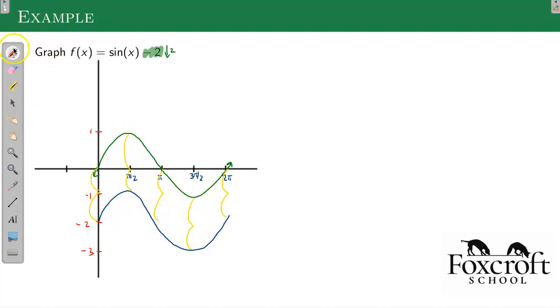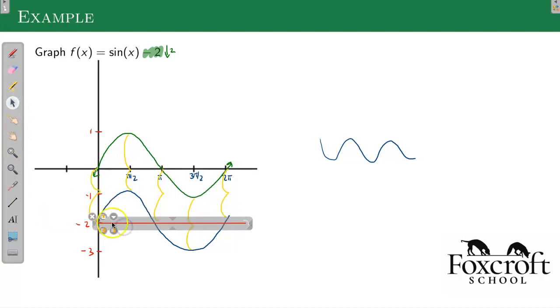But there's this interesting thing that happens with sine and cosine because they are waves. In the original sine graph, the x-axis cuts directly through the middle of the wave. Half the waves are above it, half the waves are below it. And when we shift down, this middle line is also going to shift down as well. 1, 2.